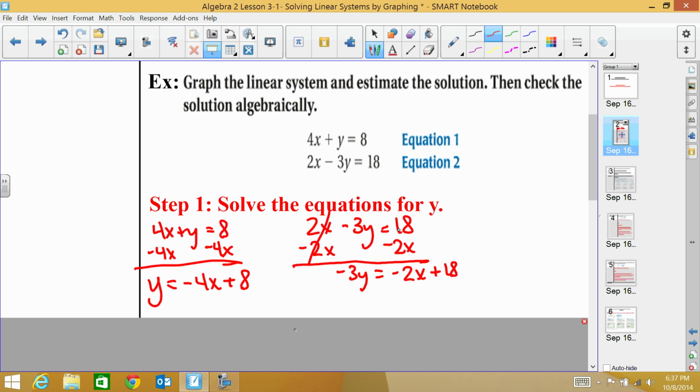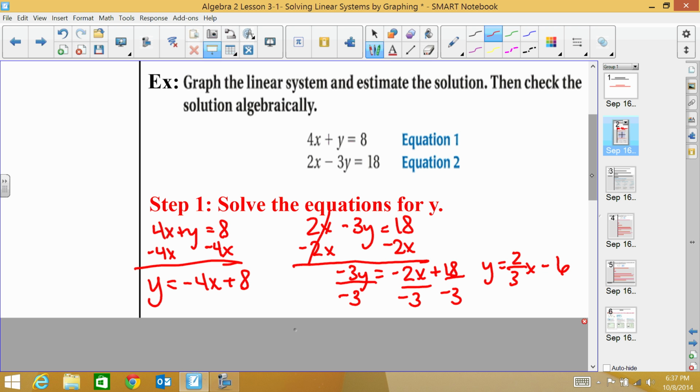So keep in mind you can't put these together because one has an x and one doesn't. Then to get y by itself, I need to cancel out the negative 3 by dividing. So I would get y equals positive 2/3 x minus 6. When I take a negative divided by a negative, remember that that turns positive.